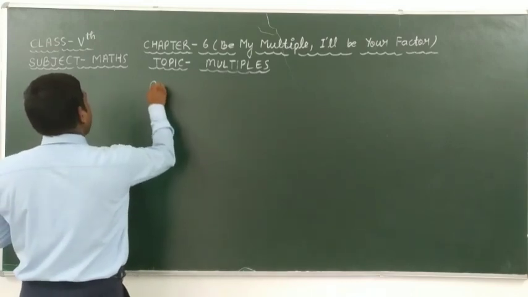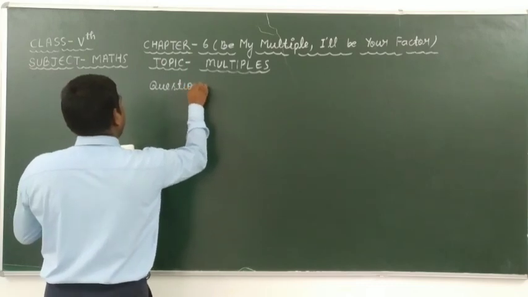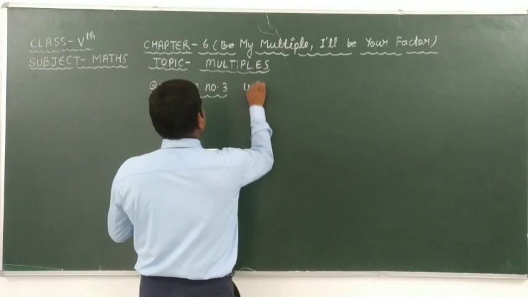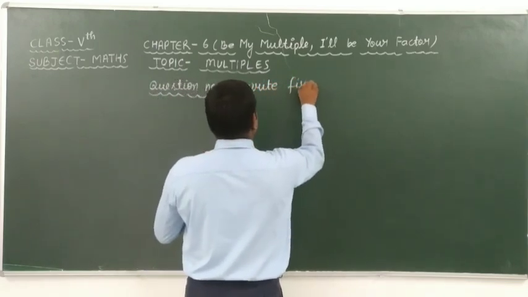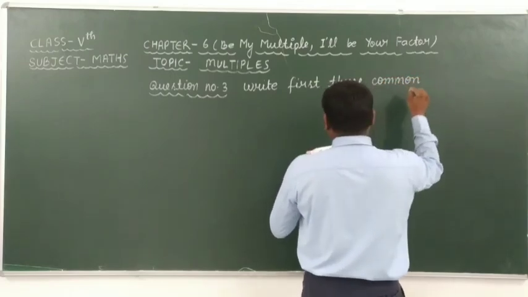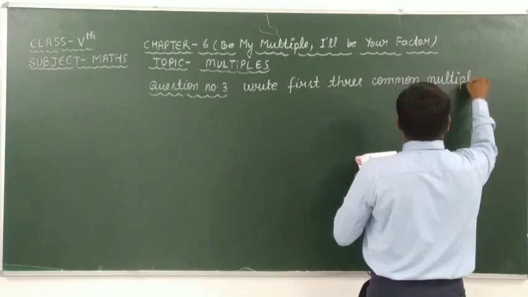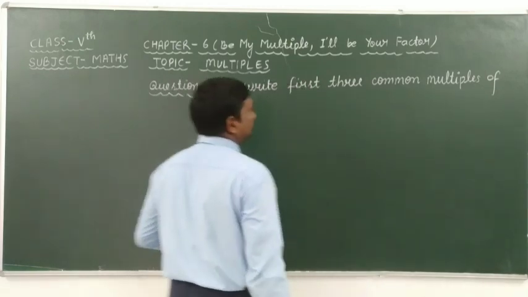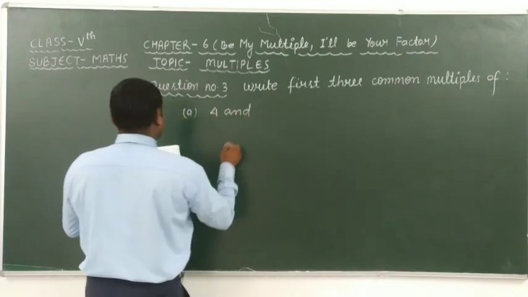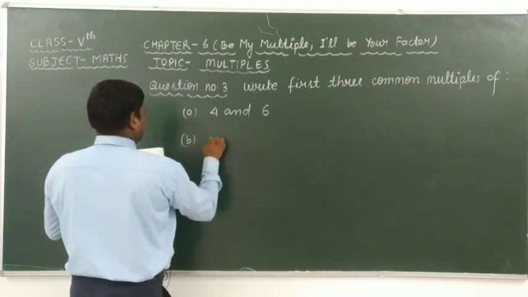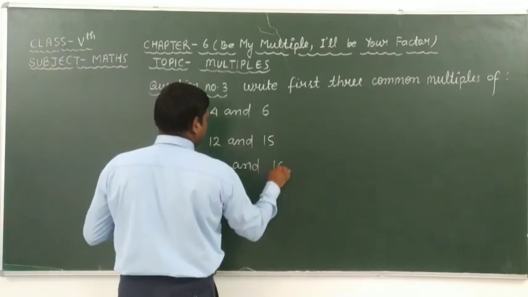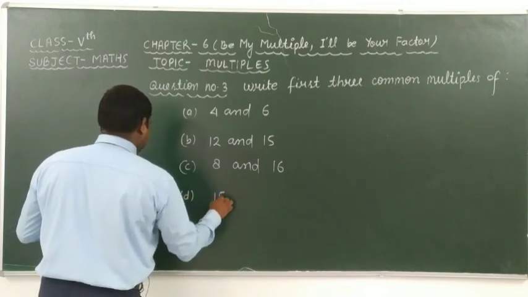Question number 3 is: write the first 3 common multiples of A 4 and 6, B 12 and 15, C 8 and 16, D 15 and 20.